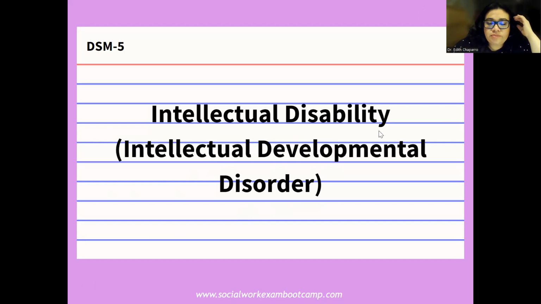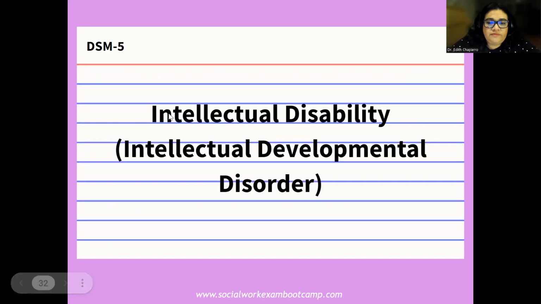Intellectual disability is used interchangeably with intellectual developmental disorder. So you might see it written either way, and you can use it interchangeably. If on the exam you see it written either way, it's the same thing.